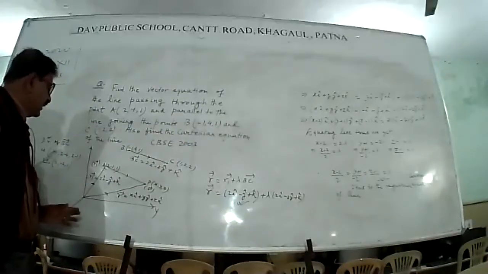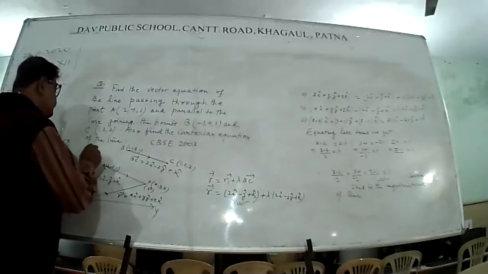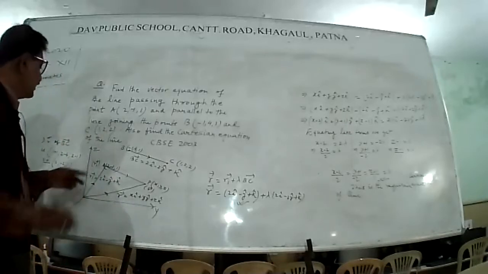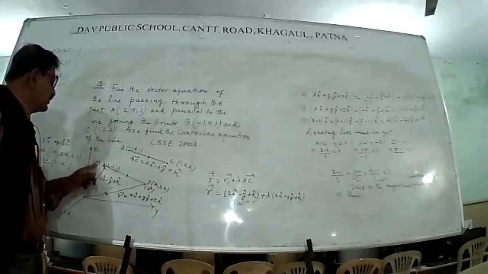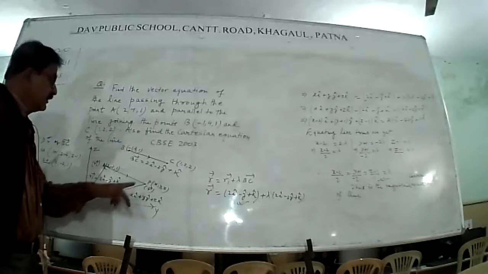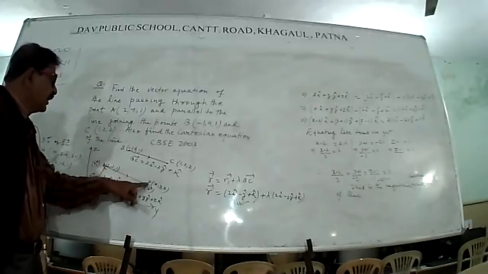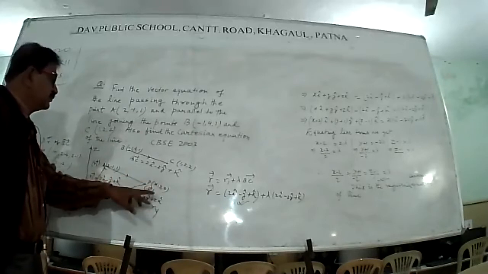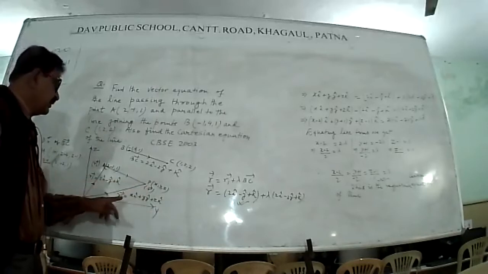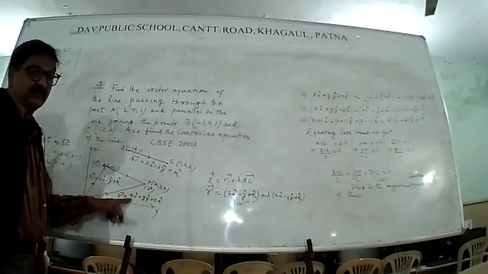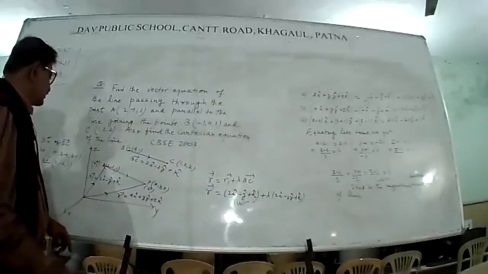We take 3 perpendicular axes x, y, and z in space, and let a point A from which the line is passing, and let a point P on the line passing through point A, whose coordinates are x, y, z. So the position vector of P is r, and the r vector is equal to x i unit vector plus y j unit vector plus z k unit vector.